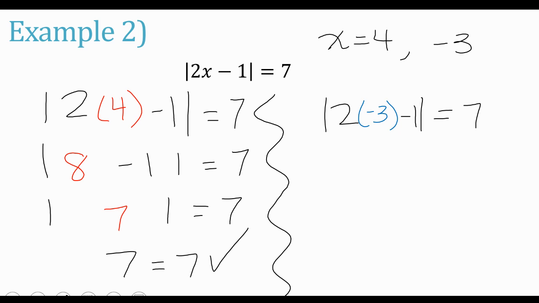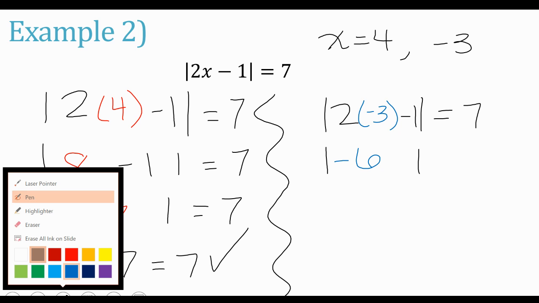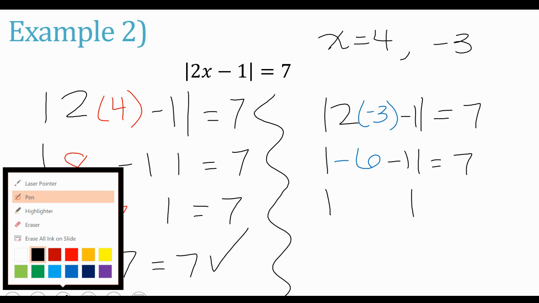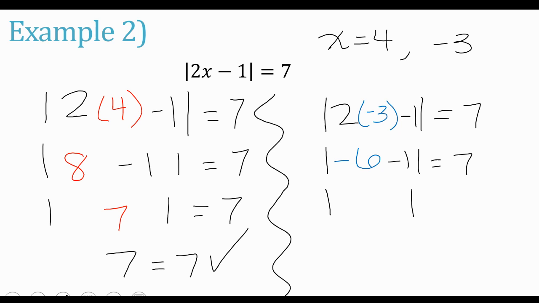Okay, so we have the absolute value. 2 times negative 3 is negative 6. Minus 1. Negative 6 minus 1. You can keep change here, and you're going to get negative 7. Same signs, add and keep. And the absolute value of negative 7 is 7. So 7 equals 7. This is also a correct answer to this absolute value equation.